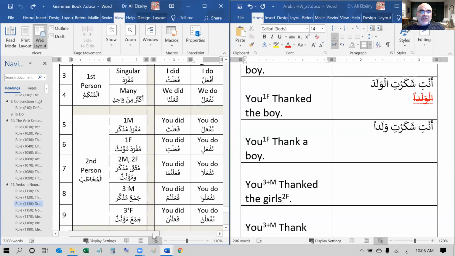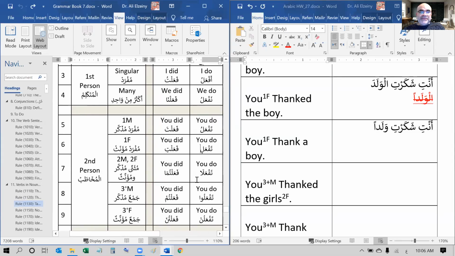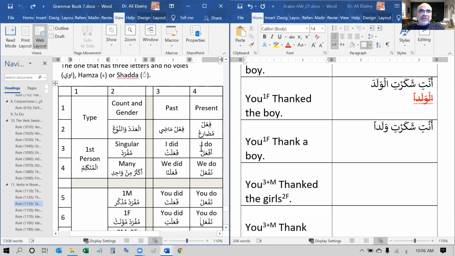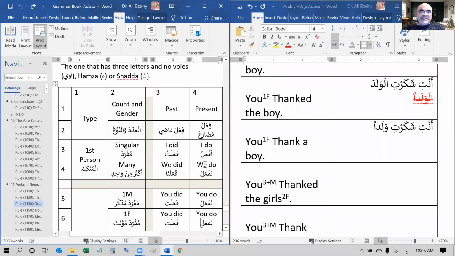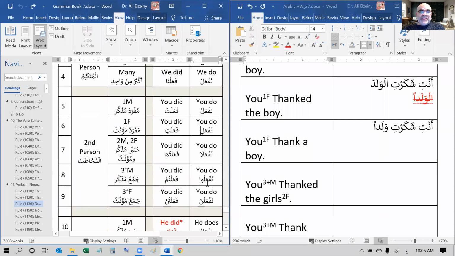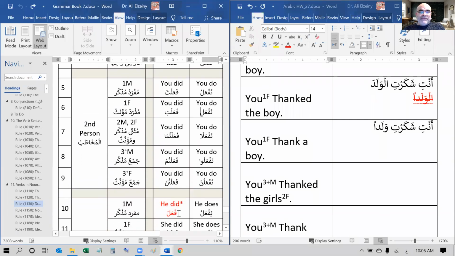So present tense is column 4 here. You look here, column 4 is present tense. So again, you have the root fa'ala, which is shakara.